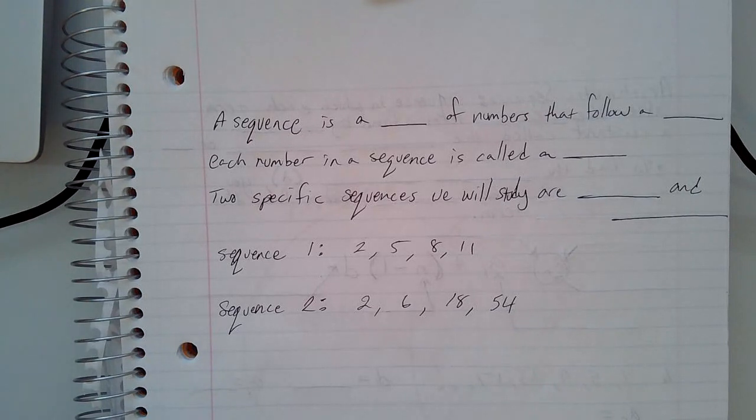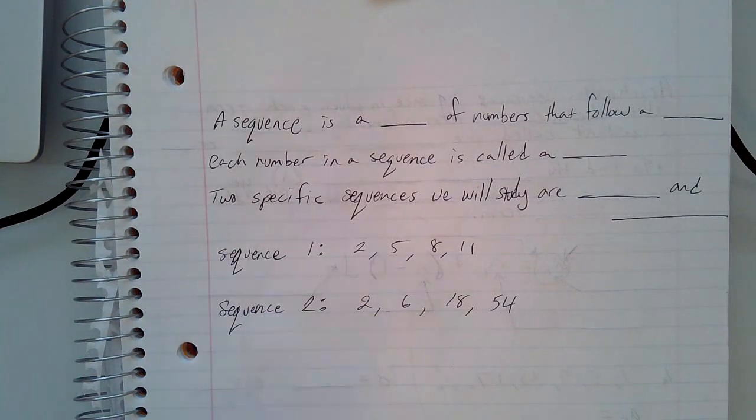It's the math behind skip counting in numbers. If you have a younger brother or younger sister, or if you remember skip counting from kindergarten and first grade, count by 2s, count by 3s, count by 5s: 2, 4, 6, 8; 5, 10, 15, 20, things like that. It's the math that goes behind those.